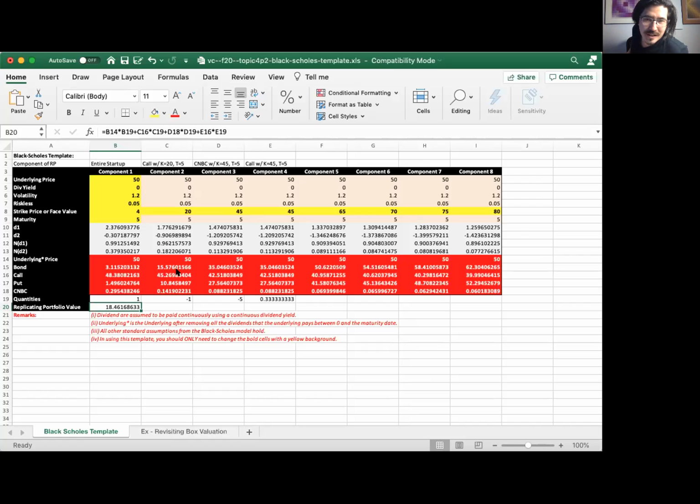I know if you are seeing this for the first time, it probably feels overwhelming. If you feel that way, that is normal. That is why in our next lecture, we will do more examples of this. That is the only thing we do next lecture, so that you feel a little bit more practiced on starting from a payoff diagram, doing the replication step, and doing the Black-Scholes step like this.